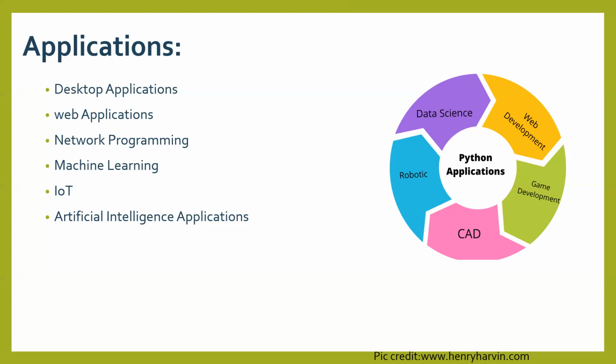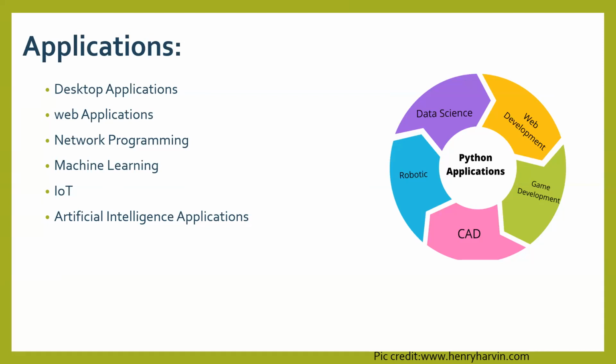On the left side, desktop applications means computer applications. Web applications, for example, if you want to predict based on your MSET rank whether you can get a seat in a particular university or college or not. This is a kind of web application.